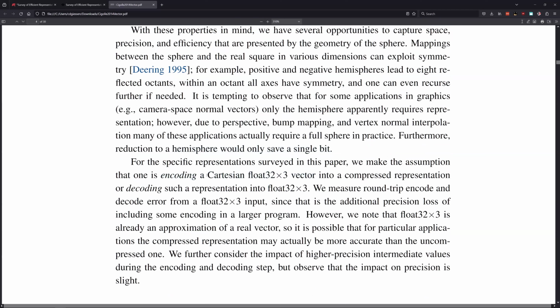So we're always taking 3 floats and turning them into a compressed form, and then decoding it, i.e. loading it. Encoding would be saving it to a buffer, saving it from a register to your medium bandwidth storage, and decoding it or loading it from that representation into 3 floats.